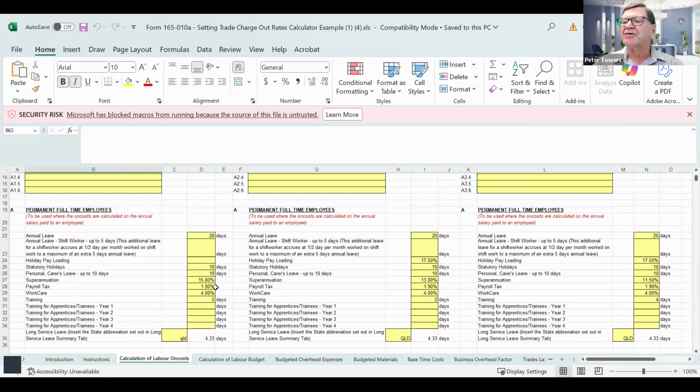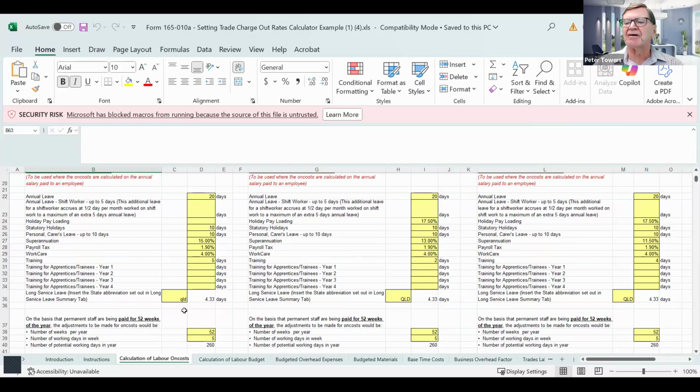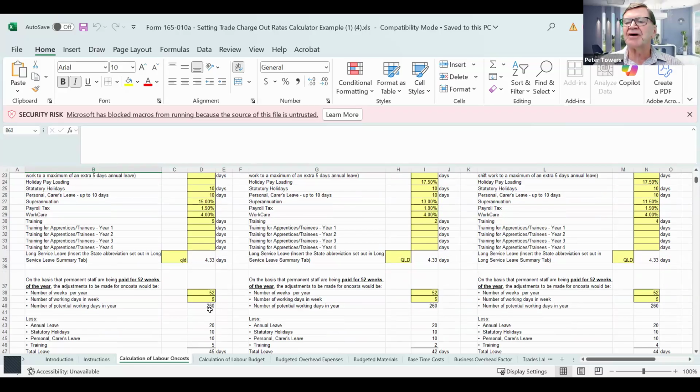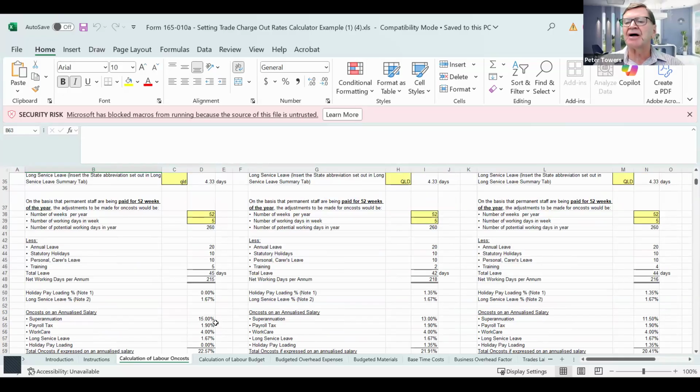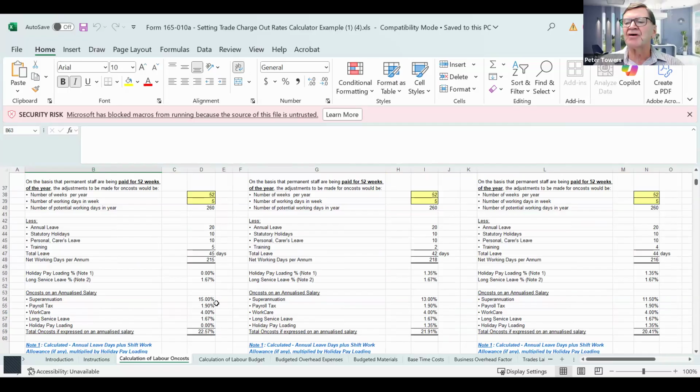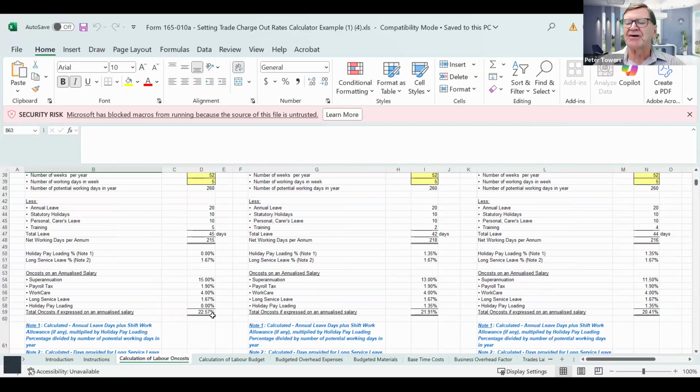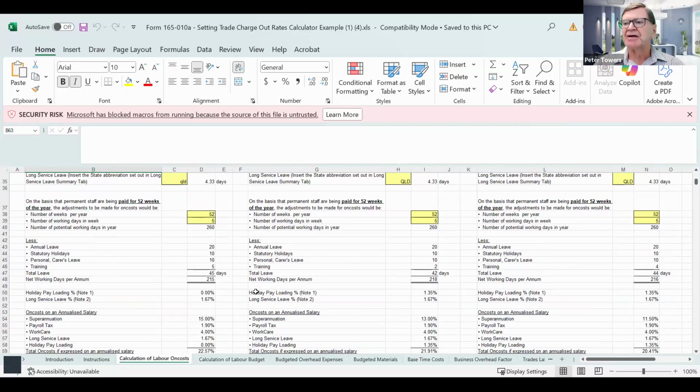For argument's sake, superannuation is higher than for other people, and the other rates, especially training, there's 5 days training, so there are slightly different allocations. The system then calculates what the net working days per annum are, and then calculates the on-costs on an annualised salary, which in that case are 22.57%.